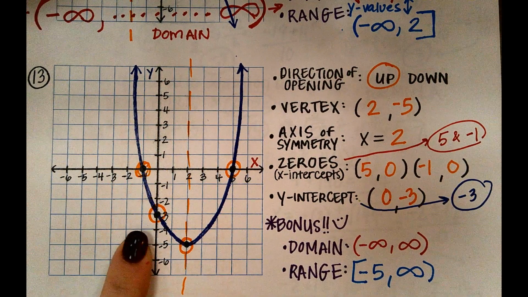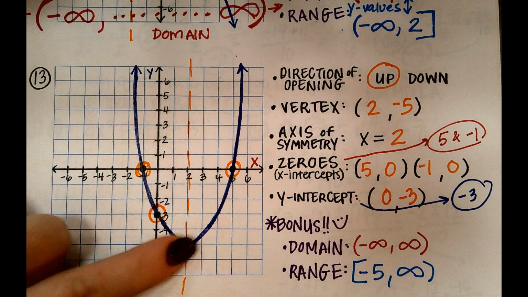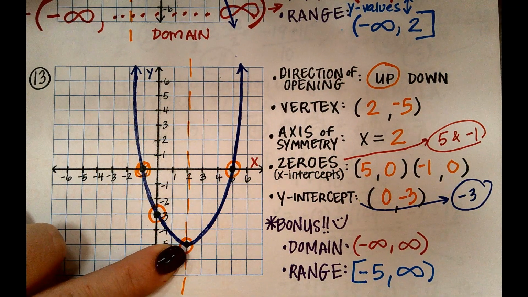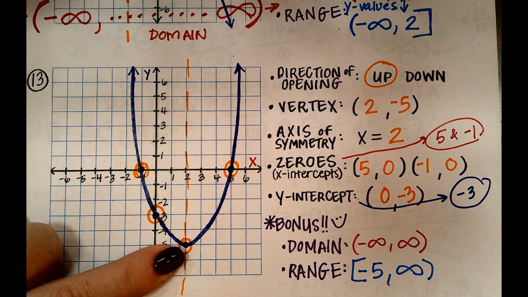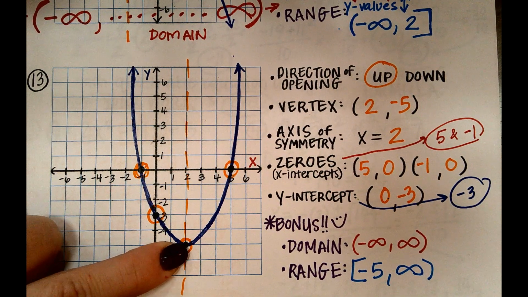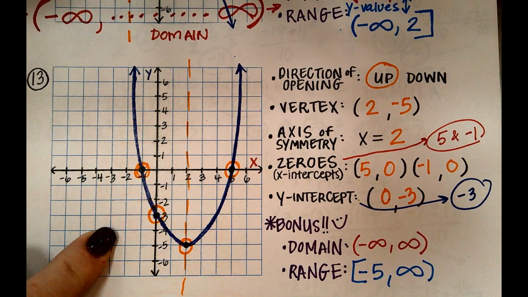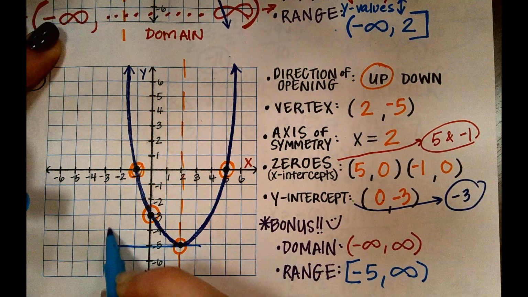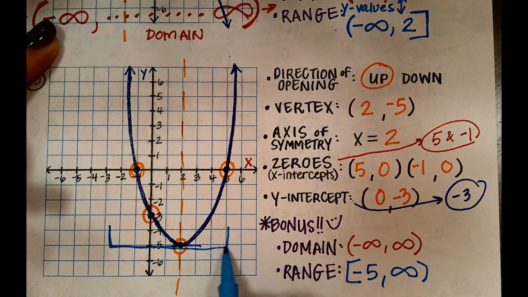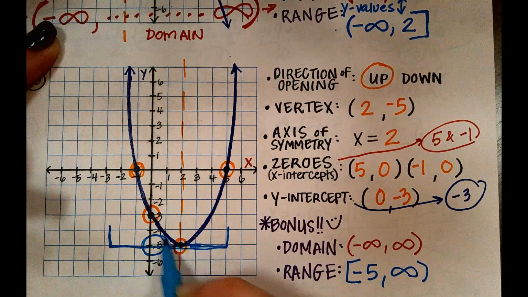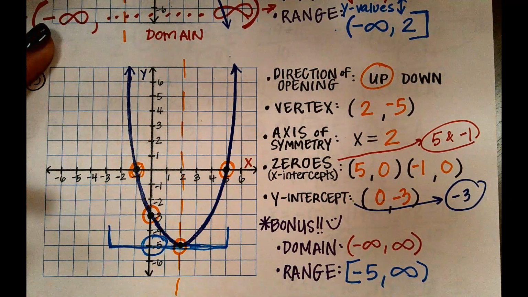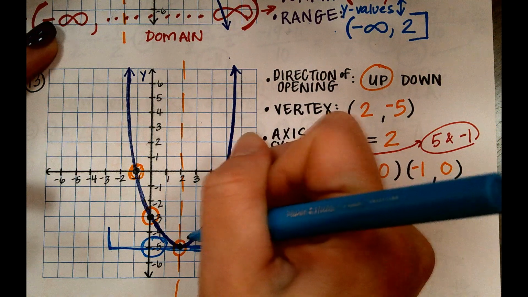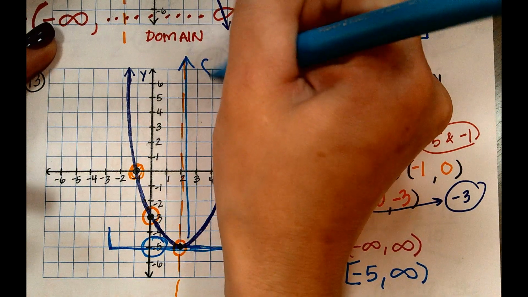Since it's facing up, the lowest point is not negative infinity anymore because it actually has a starting point, -5. It's right here. So -5 is our starting point of the range, and then it goes on for infinity.